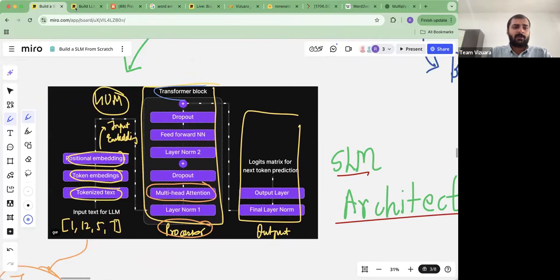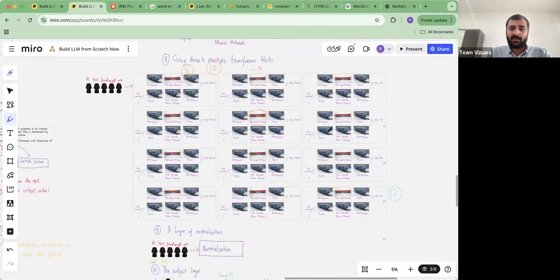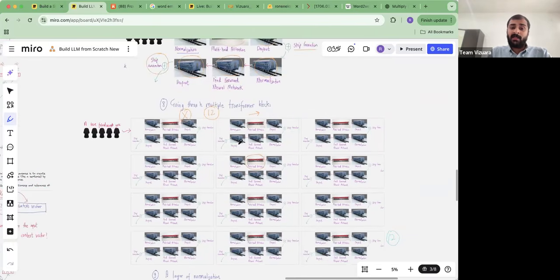But in all the language models, there are multiple such transformer blocks which are aligned together. So here I'm showing 12, and this is when the tokens finally come out of the processor block. So the processor block is a step where a huge number of computations happen. Whatever computations happen in one transformer block, you would multiply it by 12, since you have 12 transformer blocks. And only then you come out.